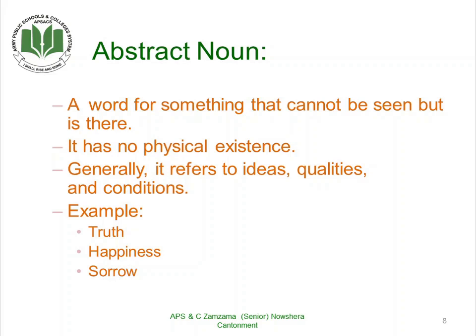So here they are, truth, happiness, sorrow, joy, justice. They all come in the abstract noun. They are nouns because they are the names of some feelings or ideas or qualities, but they are abstract. We cannot touch them, we cannot see them.